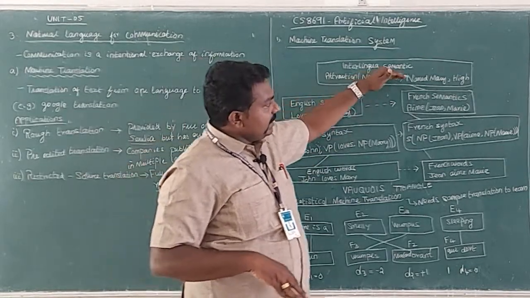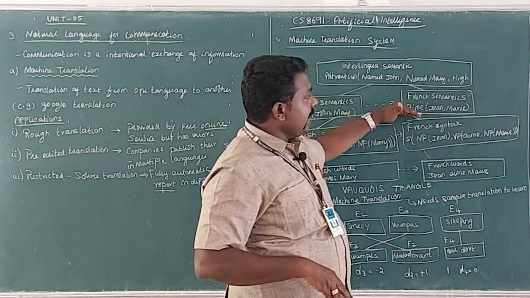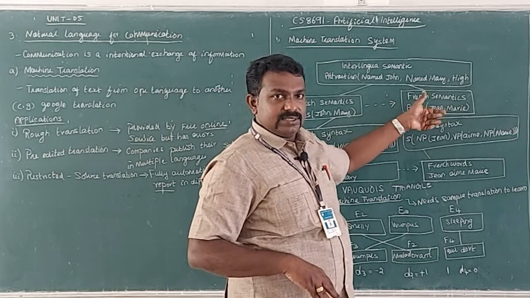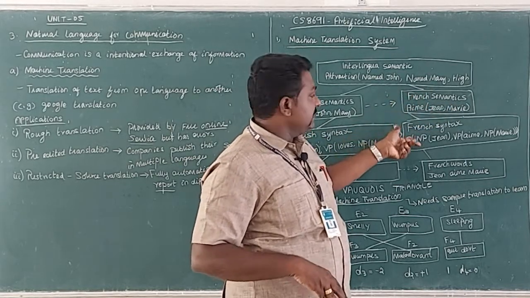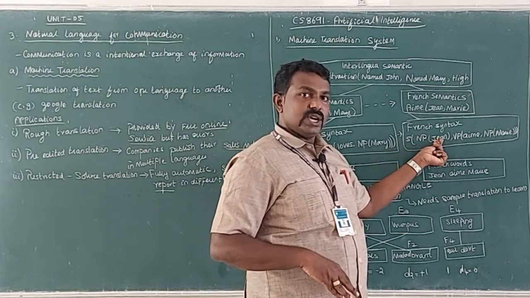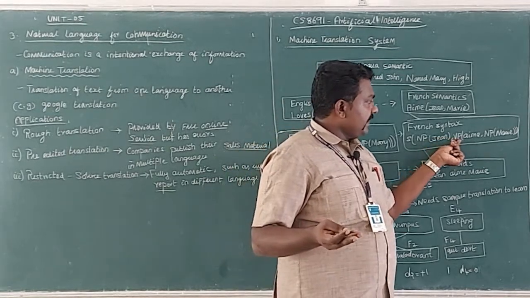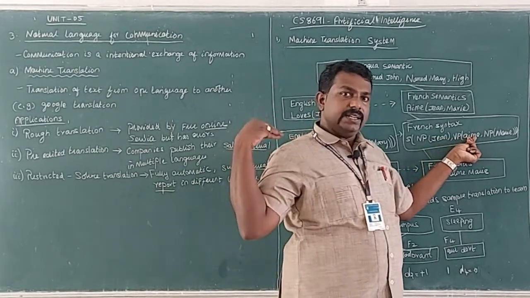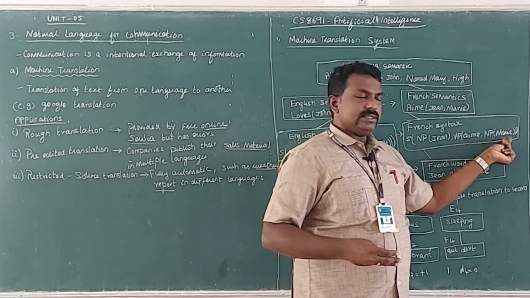Now if you see here, it is being converted into French. So the French semantic says Jean aime Marie. So this is the meaning of that particular sentence, the semantics. And the French syntax is a sentence with the noun phrase Jean. So John, in French, you call it Jean, and the verb phrase aime. So love, which we had in English, is converted here as aime, and again we have the noun phrase Marie.